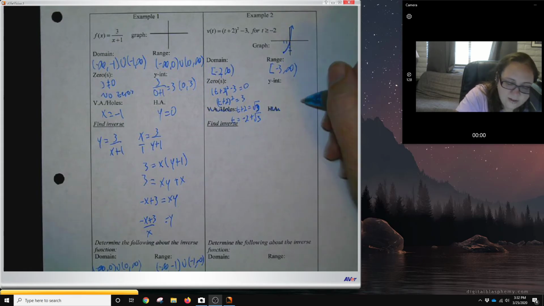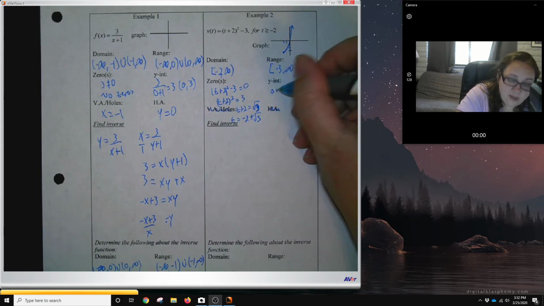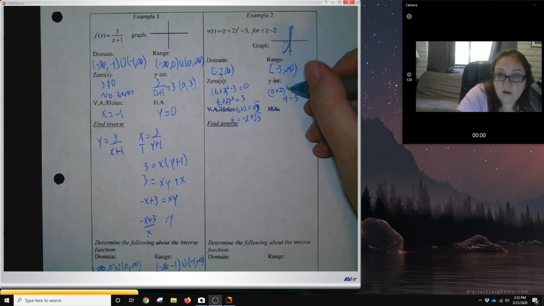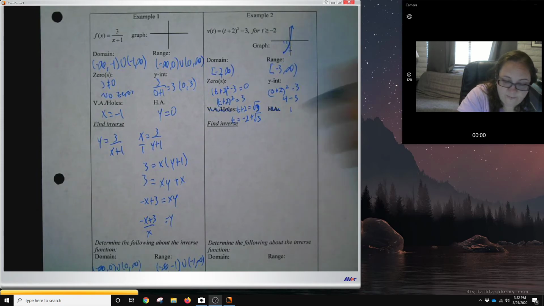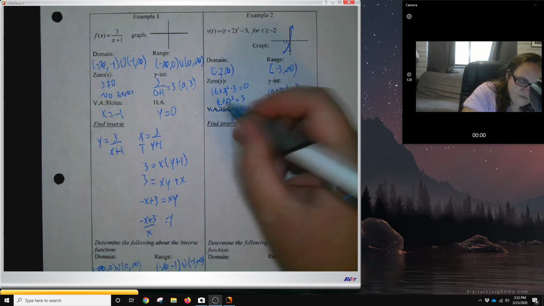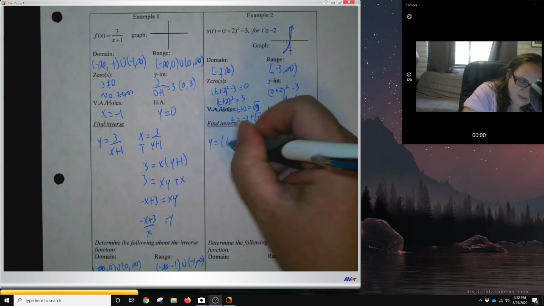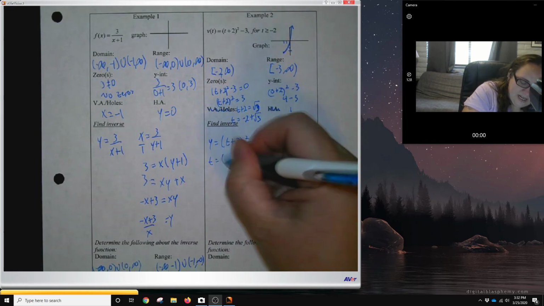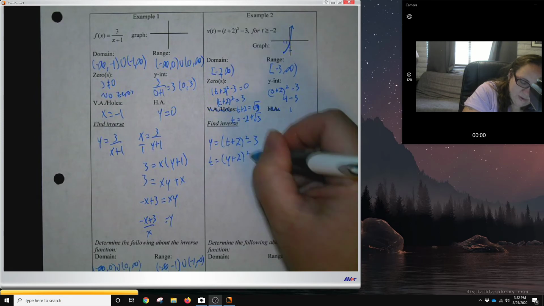And then my y-intercept would be 0 plus 2 squared minus 3. So that's 2 squared, which is 4, minus 3. So that's 1. And then to find the inverse, I'm going to make this y equals t plus 2 squared minus 3. So t equals y plus 2 squared minus 3.